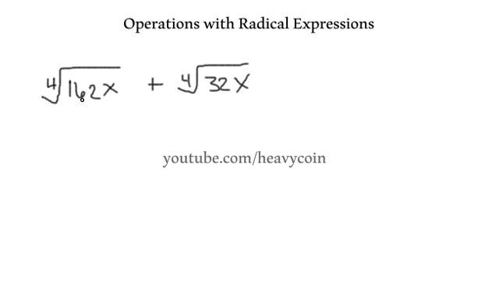So we need to break this 162 down, and what you should start with is how many times does 2 go into that? Well, we know that 2 times 81 is going to be 162. I should probably put it in exponential form.